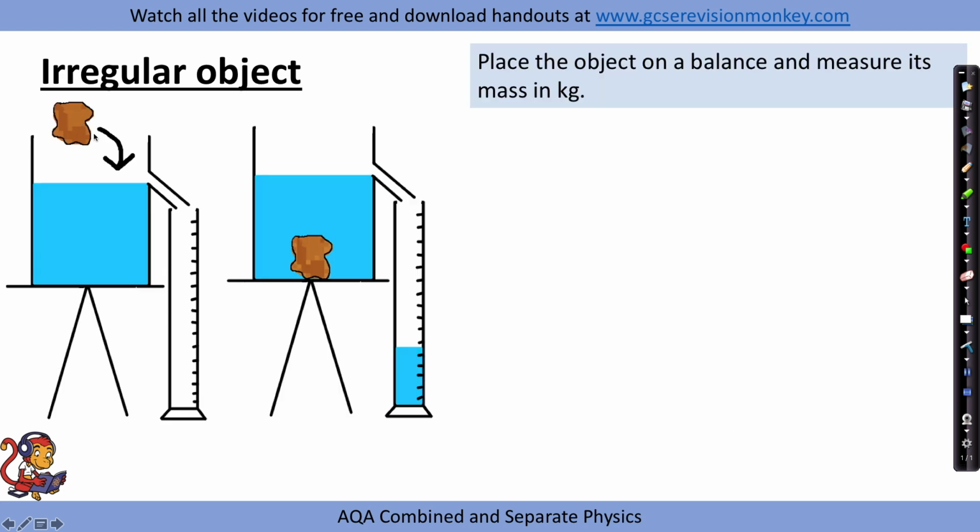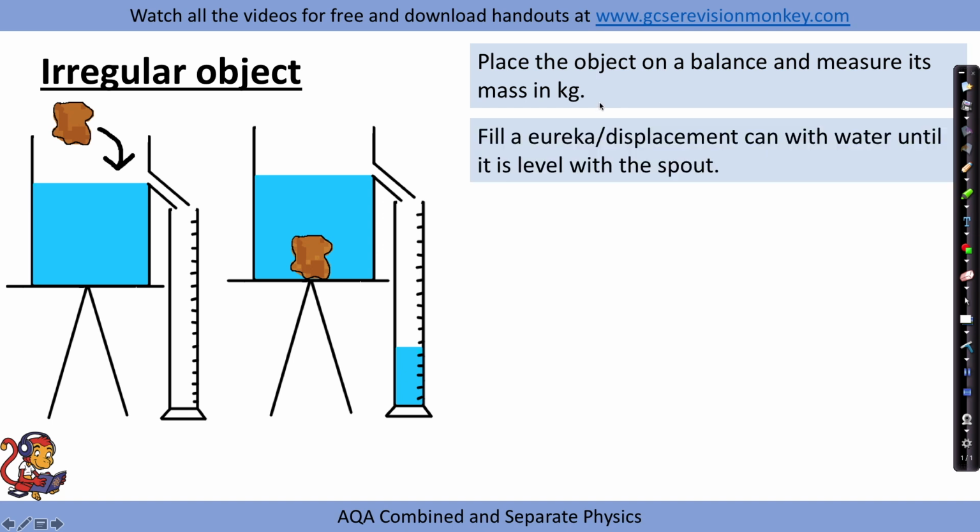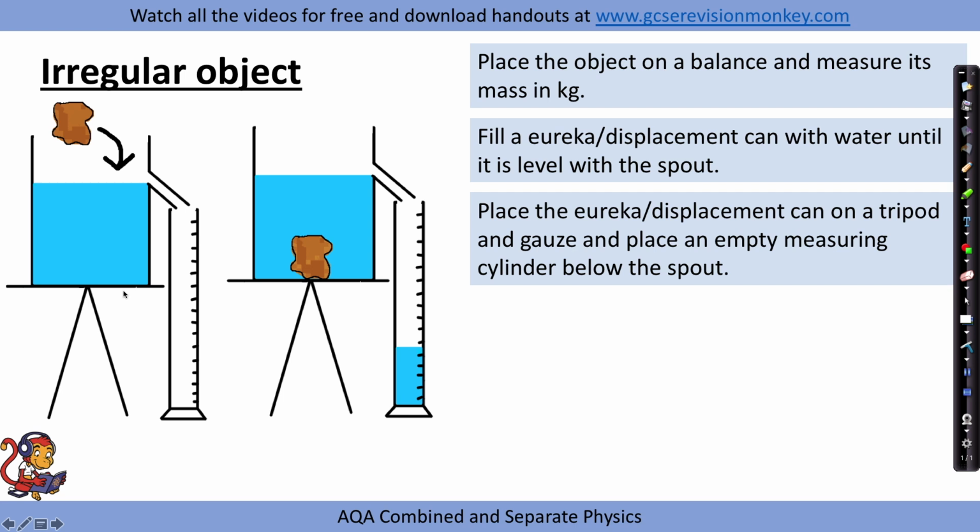For irregular objects, we again need to calculate the mass by placing the object on a balance and measuring its mass in kilograms. To find its volume, however, we need to fill a eureka can, or you may call it a displacement can, with water, until it is level with the spout. We will place the Eureka can on a tripod and gauze, and we will place an empty measuring cylinder below the spout.